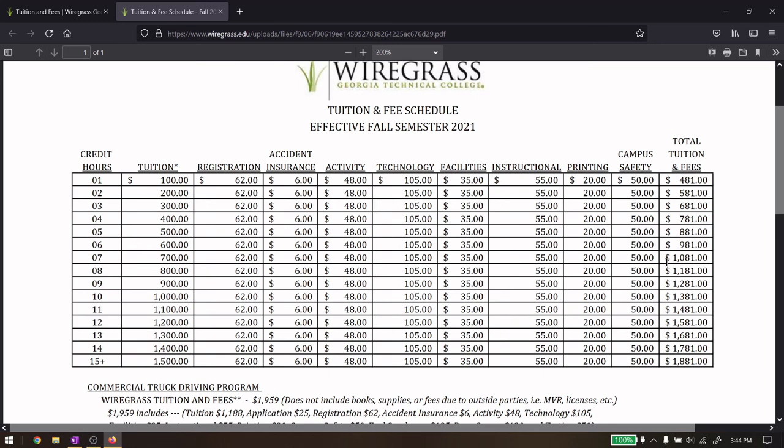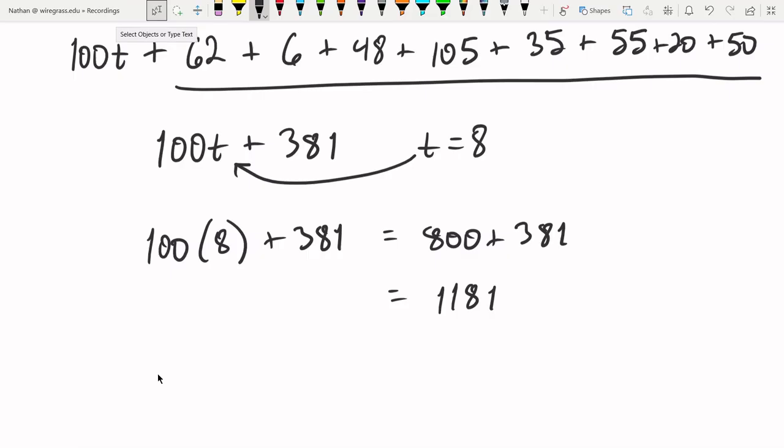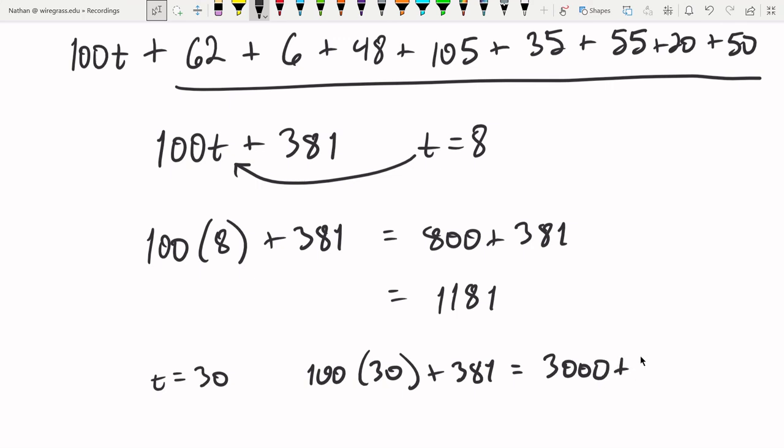So if we took, for instance, 30 credit hours, so if t equals 30, you would plug in 100 times 30 plus 381. That's going to give us 3,000 plus 381, or 3381. And this is actually incorrect.